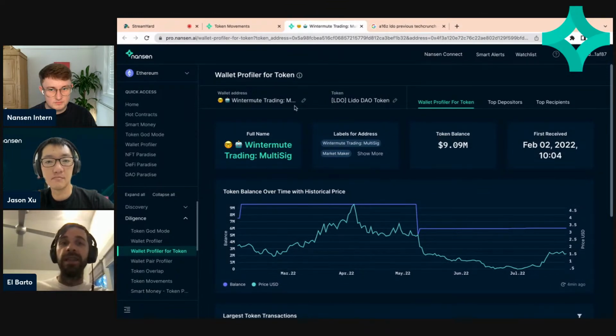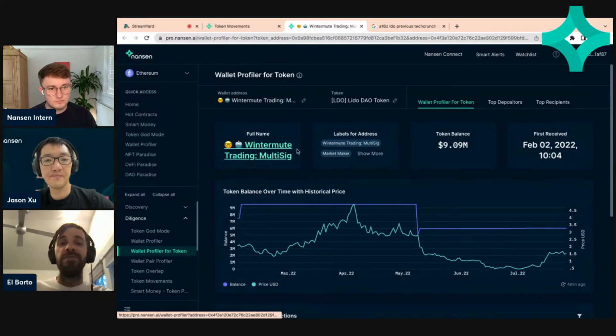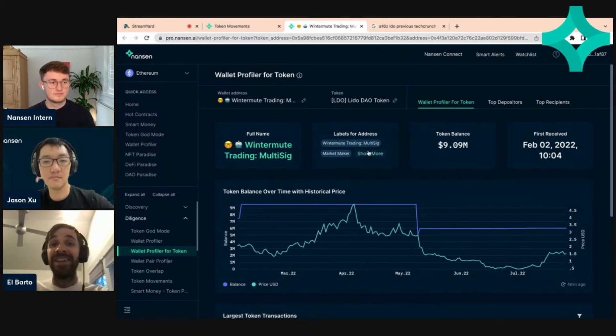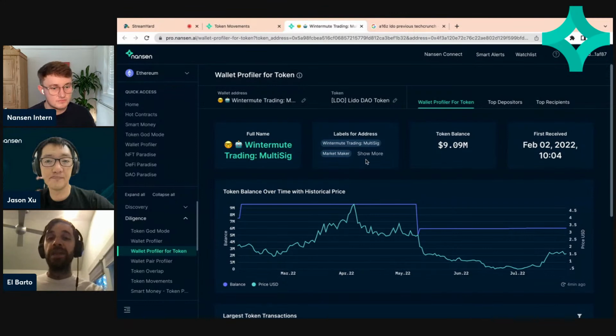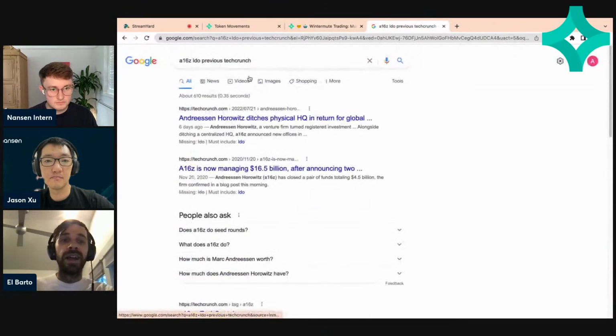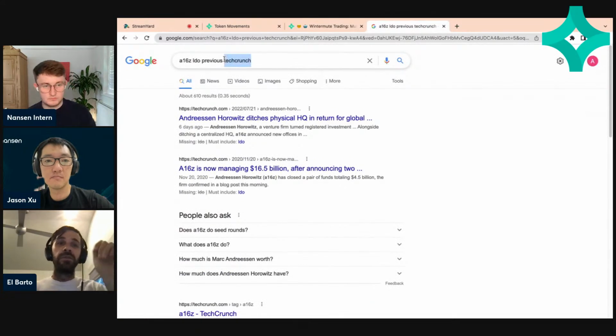Maybe we talked about this before, but Wintermute trading is a good label for this because obviously it is Wintermute. But Wintermute prime brokerage, or Wintermute token holder on behalf of venture capital firms, is a super valuable label. And obviously when A16Z announced this, the token was up 30, 40%, something like that.